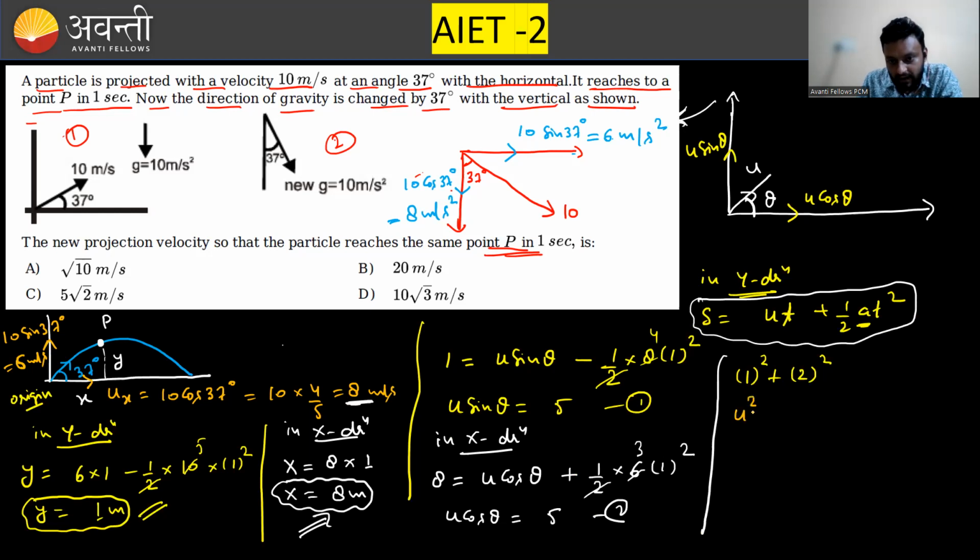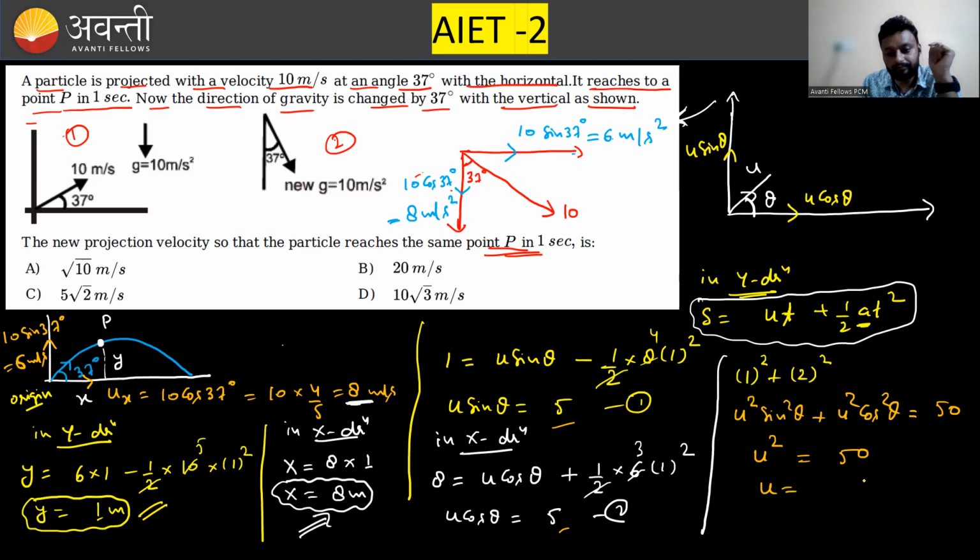You will get u square sin square theta plus u square cos square theta equals 50. How 50, sir? Square 25, square 25, if you add, it becomes 50. So u square times sin square theta plus cos square theta, which is 1, equals 50.